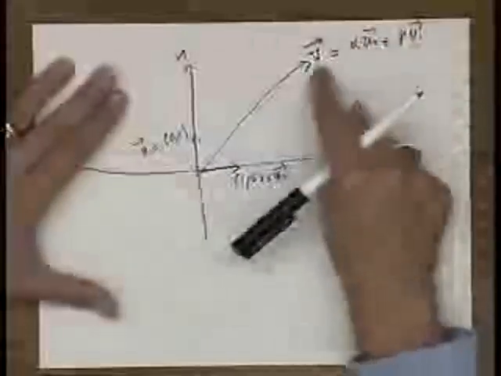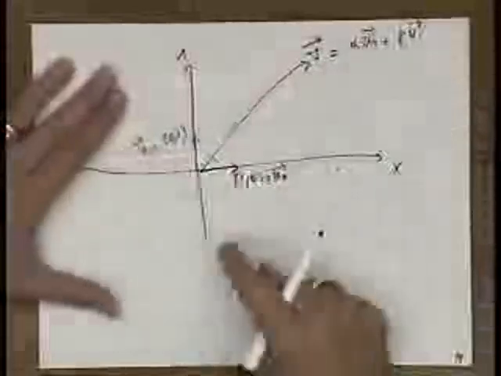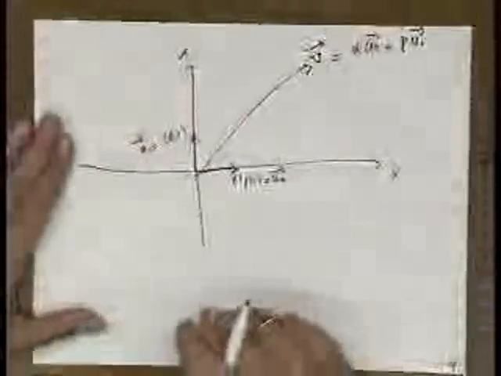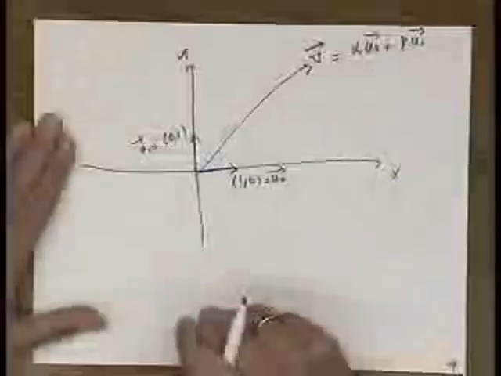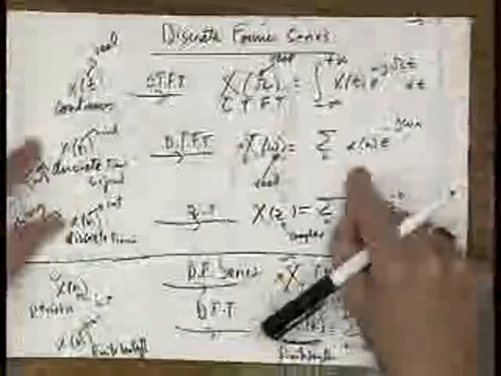That's a decomposition of an arbitrary 2-dimensional vector along the basis functions. These are called the basis functions. You've already seen that in linear algebra. And where else have you seen it? You've seen it right here.